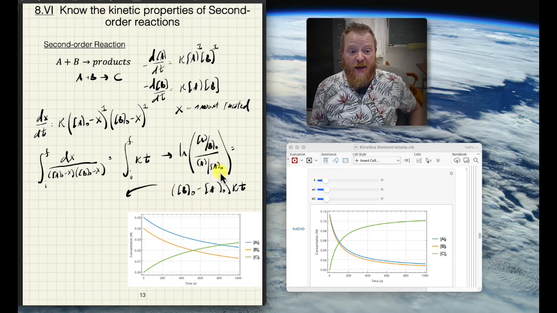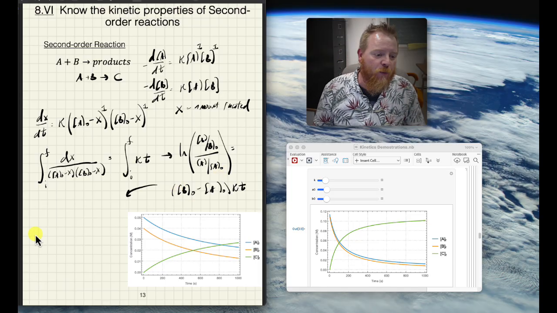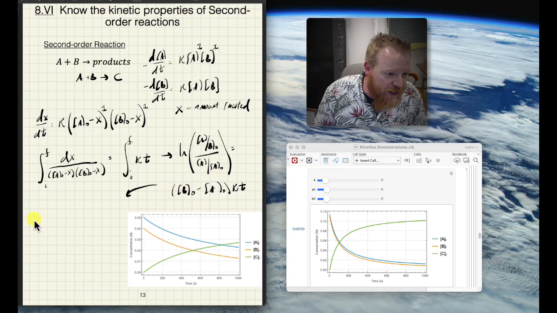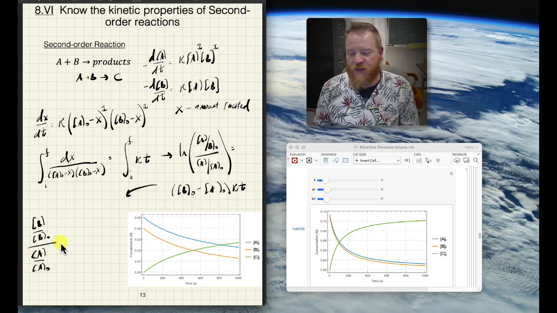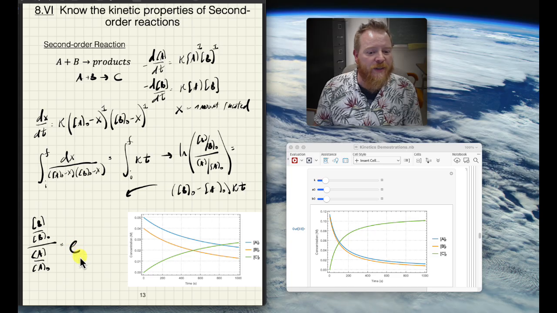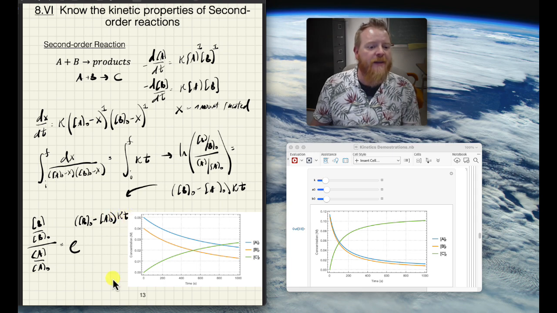If I took E of both sides, I would end up with the following. So if I take E of both sides, I end up with B over B initial divided by A over A initial equals E raised to the power B minus A times KT.